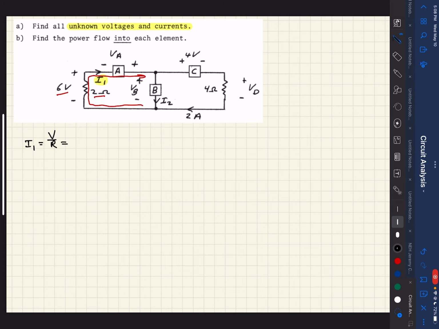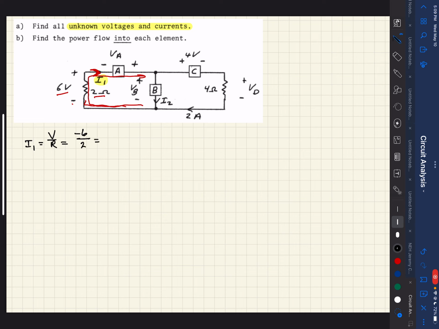And this is again from Ohm's law. So in this case, as we follow along the path that the current's defined as, and we see it defined right here, that's the direction of travel, the way I've drawn it here. Coming along here, we encounter the negative sign first. So that means it's going to be negative 6 volts. And then the resistance is just an absolute number, so it's over 2 ohms.